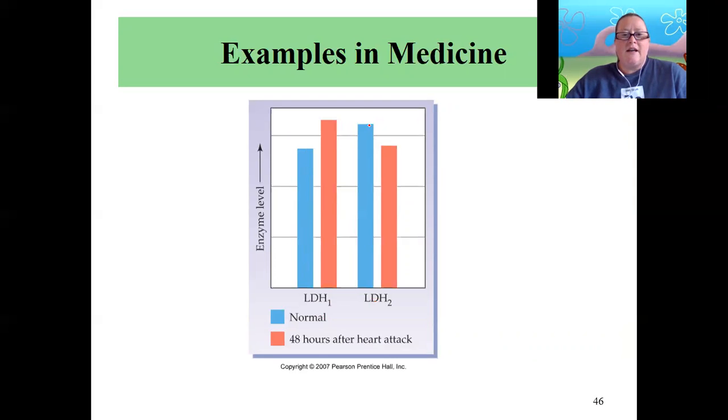If you have a heart attack, the enzyme levels change in the body such that the LDH1 levels are going to be higher than the LDH2 levels. So just looking at the ratio of these two enzymes with respect to each other can indicate whether or not a heart attack has indeed happened.